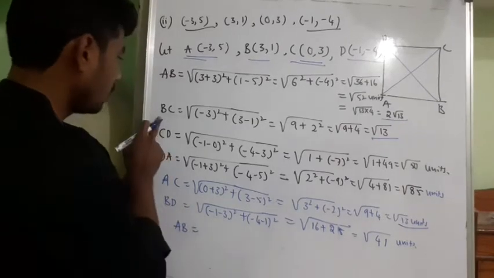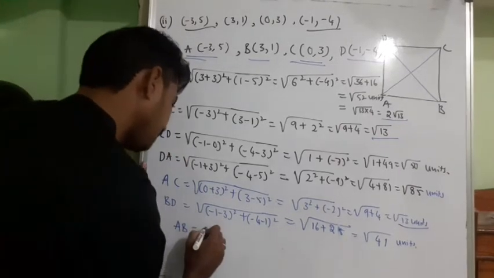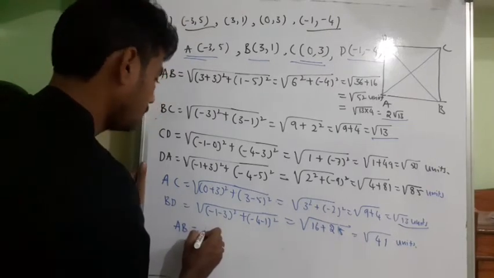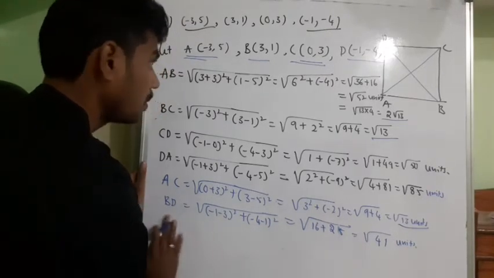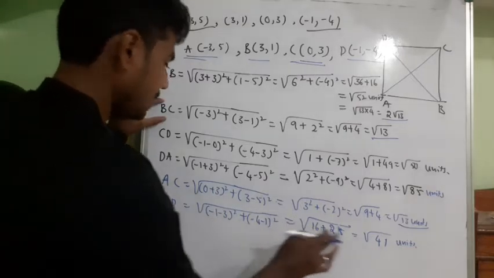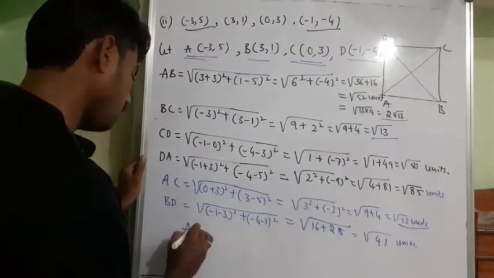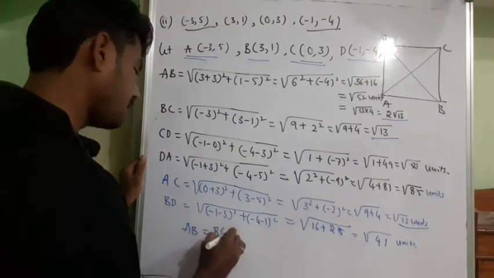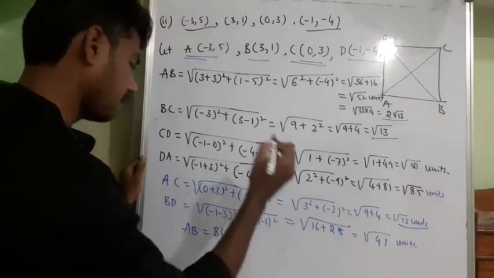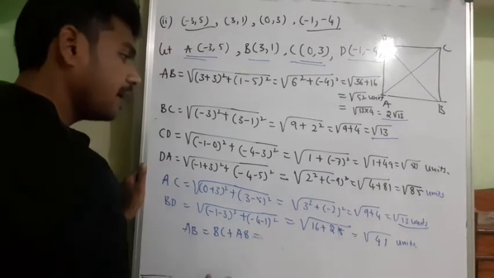So AB is equal to BC plus AC. What is AB here?